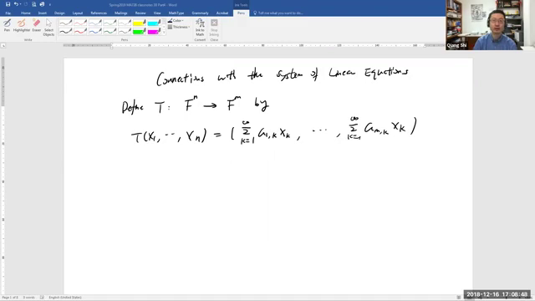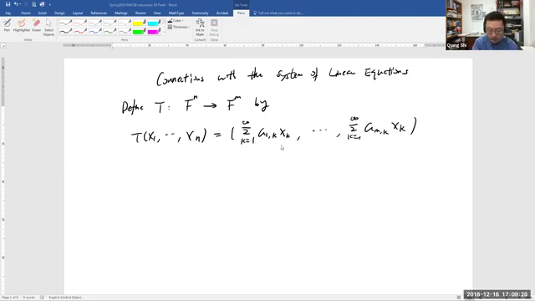And each coordinate is a combination of the input vector x_1 up to x_n. If you look at the first sigma notation here, the a_{1,k}, the 1 indicates that all these a's contribute to the first coordinate in F^m. The last one is a_{m,k}, so the m indicates that all these a_{m,something} make the contribution to the m-th coordinate in F^m.